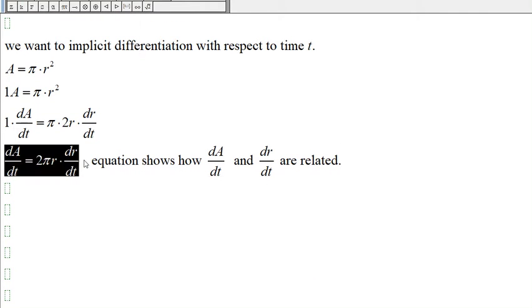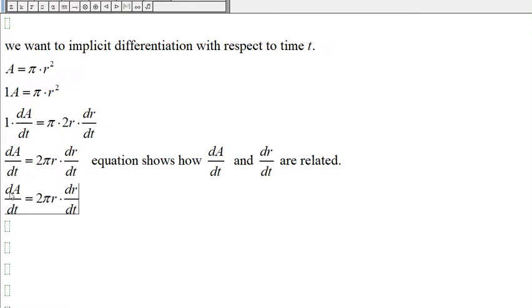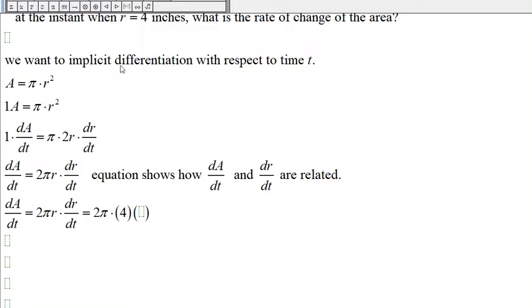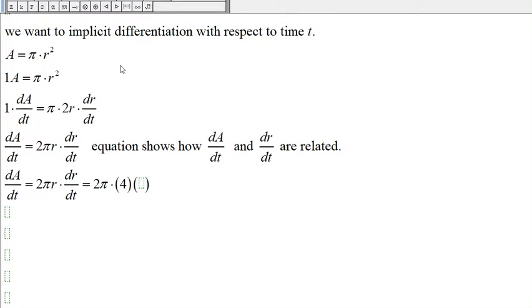So we'll use this equation to get the rate of change at the instant when r is 4. We have 2 pi times 4, and we are told that the rate of change of the radius is 7 inches per minute. So this becomes 56 pi.